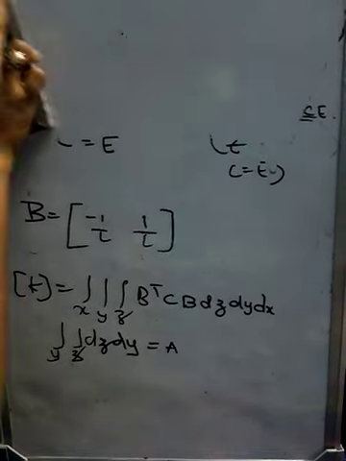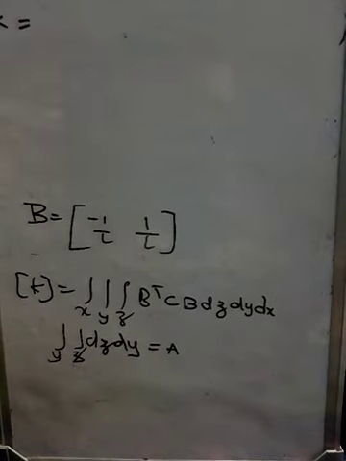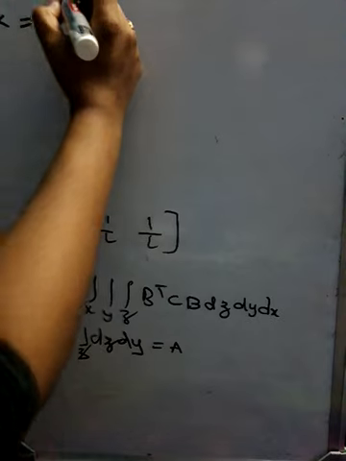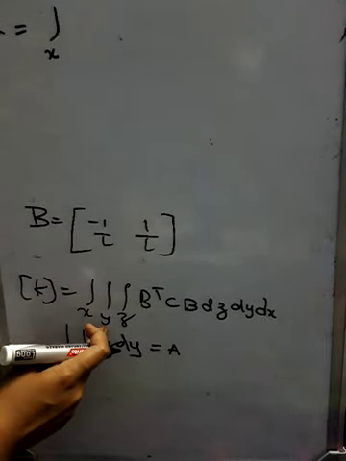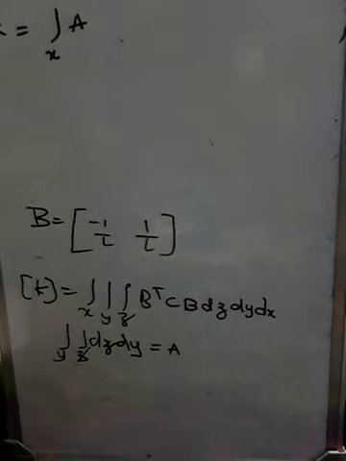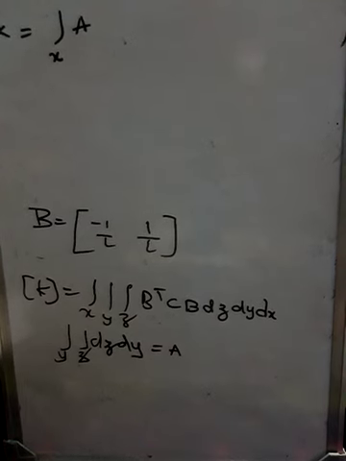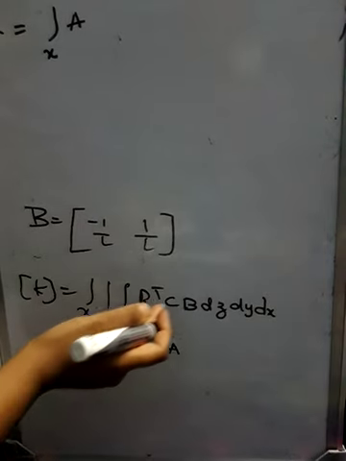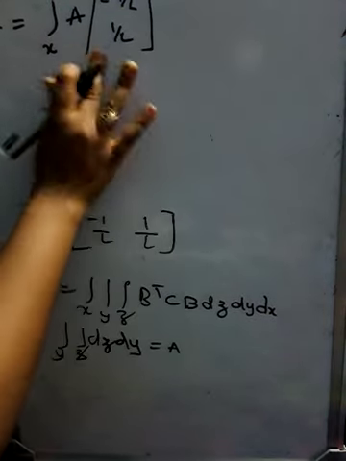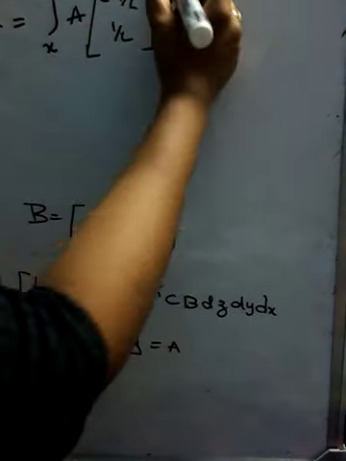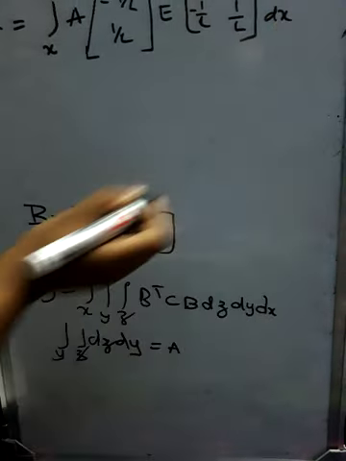So I'll just write down everything. See, k is equal to, now we have integration of x, y and z will be equal to A. Then B transpose we are going to write, it would be equal to minus 1 by L, 1 by L, and C is equal to E here, and this would be minus 1 by L, 1 by L. And this would be only dx.